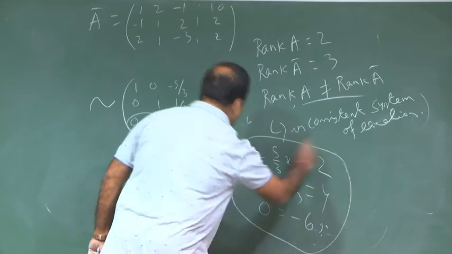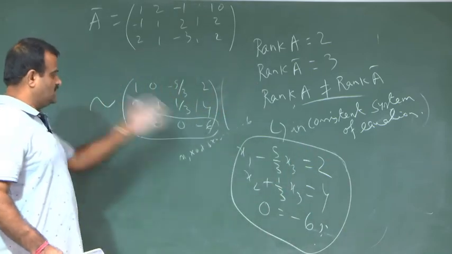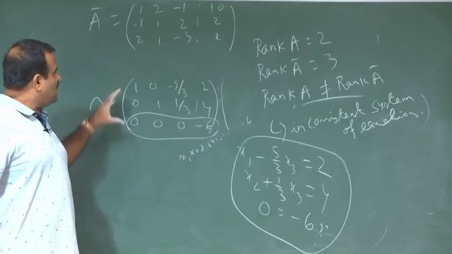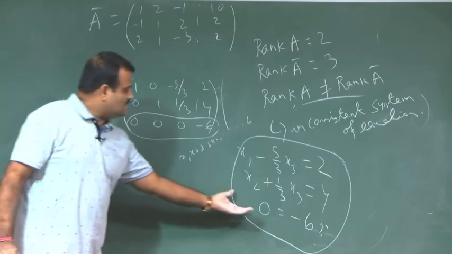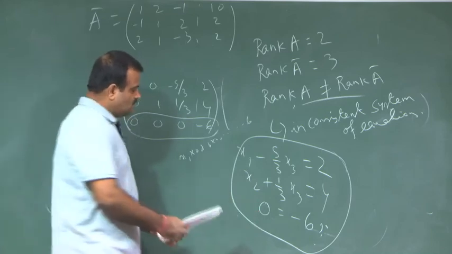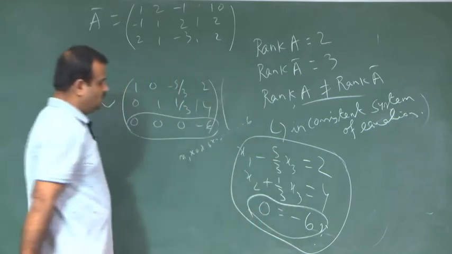So, this is the equivalent system corresponding to the original system, because we got it by applying row operations on the augmented matrix. But this system is inconsistent because it has no solutions, it is not possible.